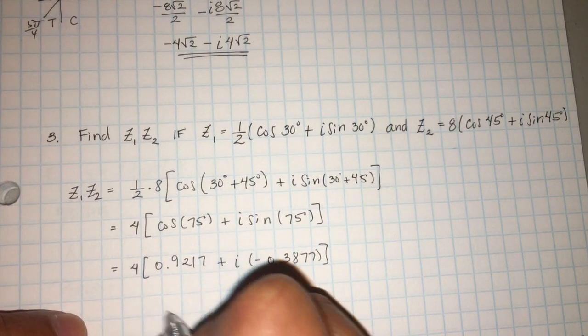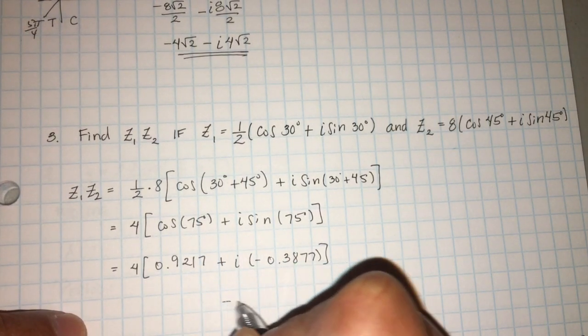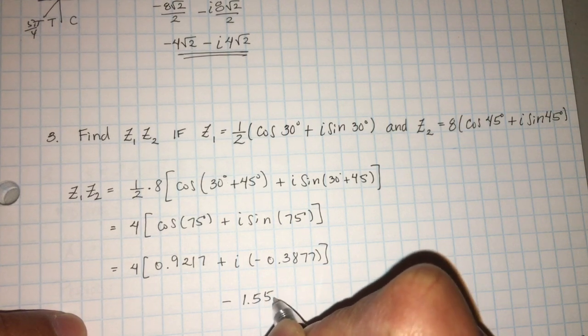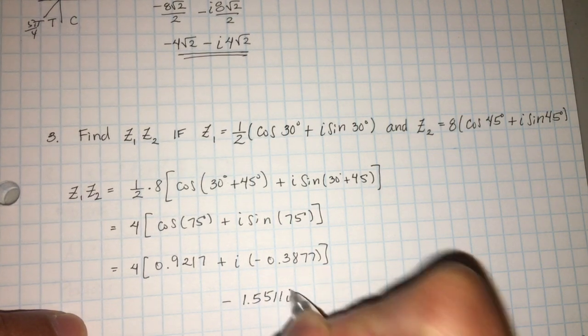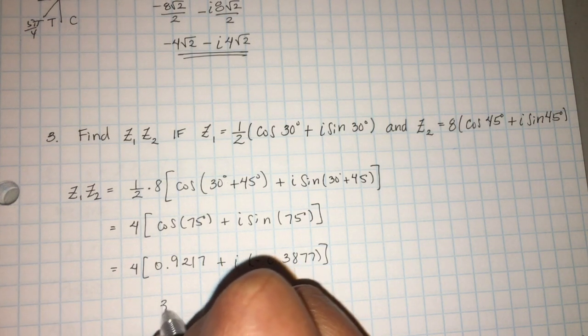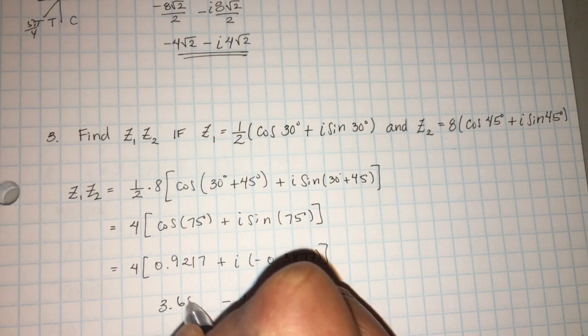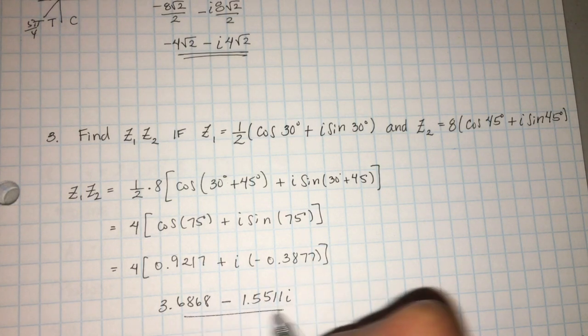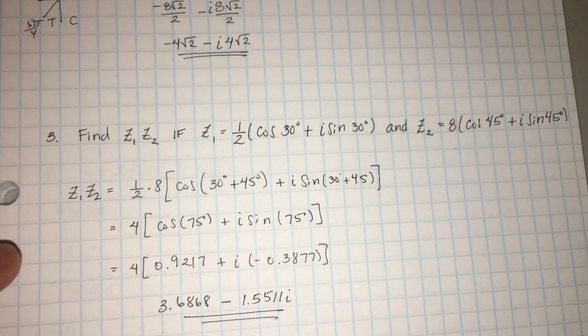So it's going to give me 1.551 i, and then 0.9217, multiply that times the 4, is 3.6868. Okay, and there it is. You found the product of these two complex numbers.